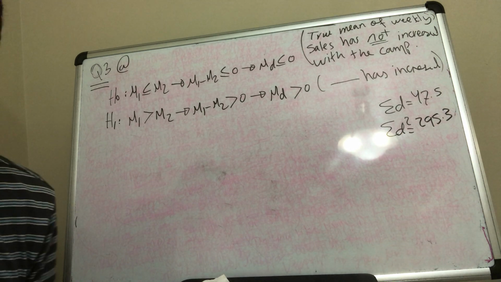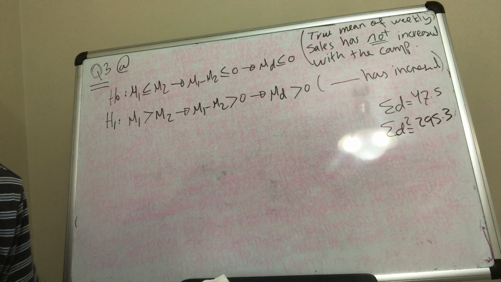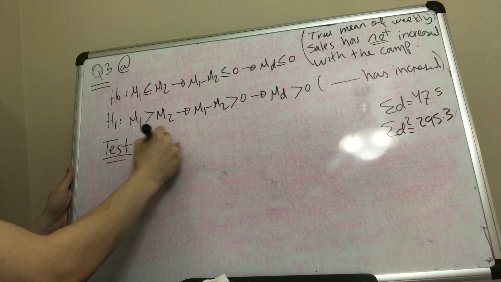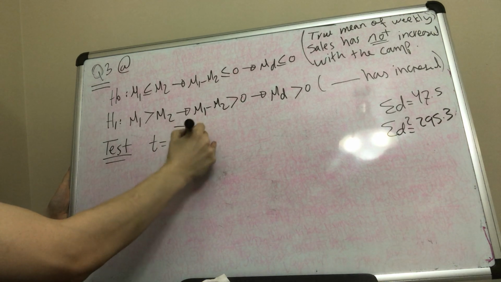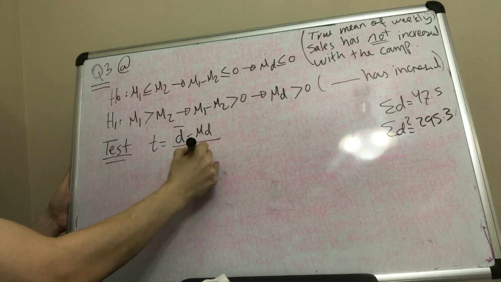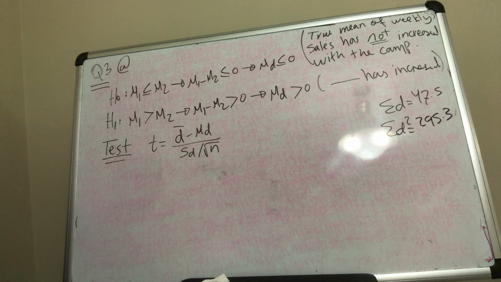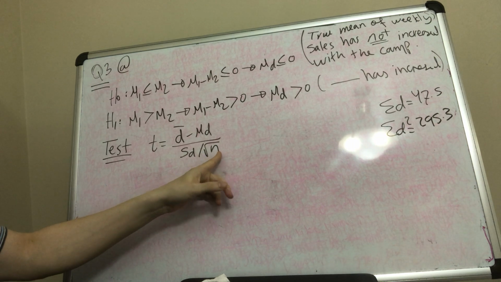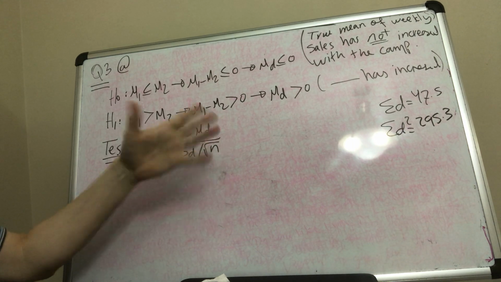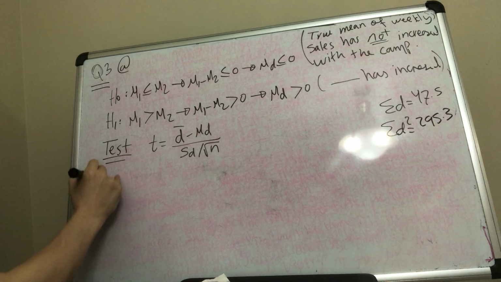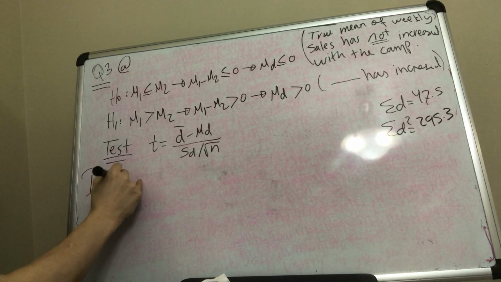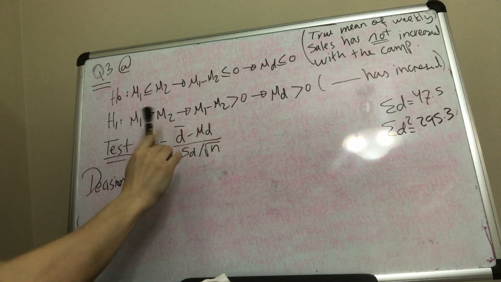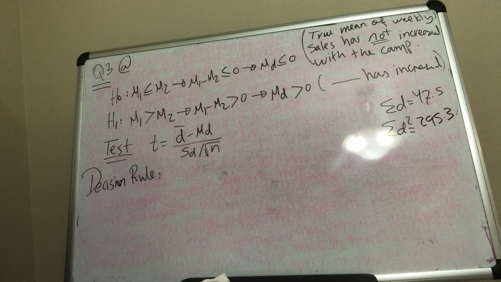Now, for a dependent system, the test we use for hypothesis testing is d bar minus mu d over sd over square root of n. You see it in your formula. You might see nd or a small d in the bottom of the n, doesn't matter. Decision rule. According to your hypothesis, you have one tail, right tail.